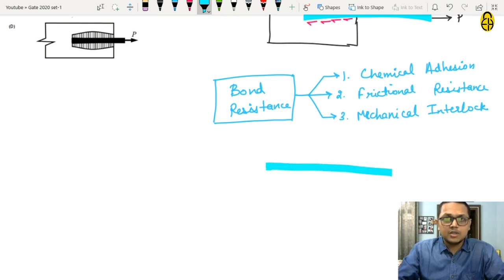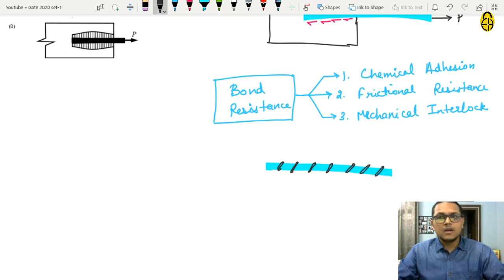Suppose this is a reinforcement bar, and you will find ribs on the surface of the bar. Now these ribs get interlocked in the concrete and provide additional resistance as bond resistance.